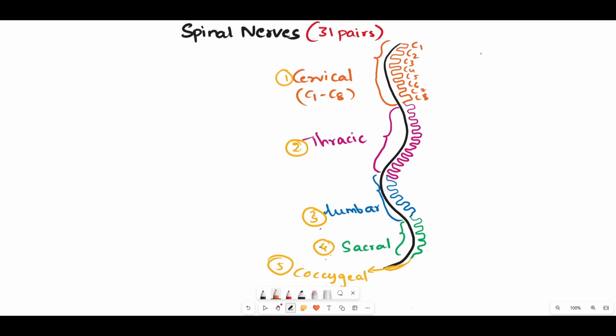To be very specific with the position, C1 is present in the head and neck region, whereas C2 is present in the diaphragm region. Then C3 is present in the deltoids and biceps region.